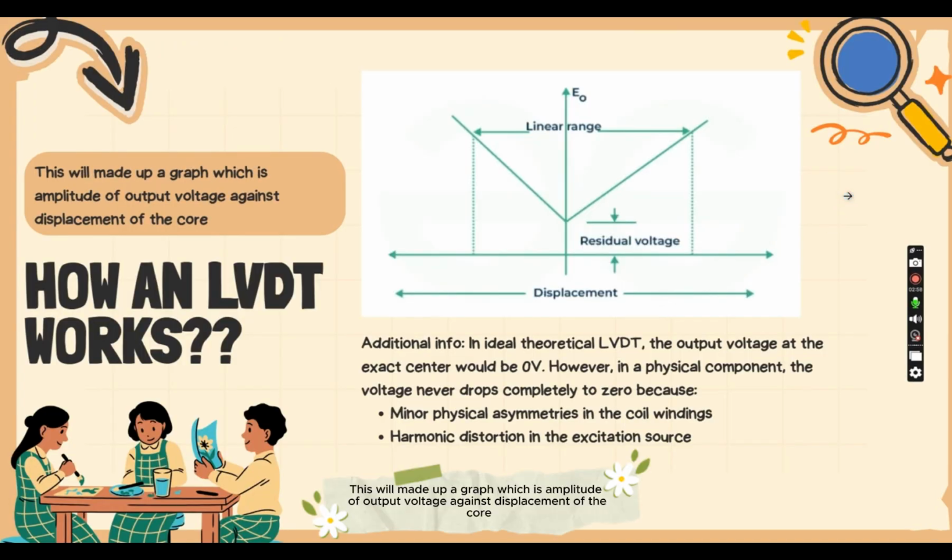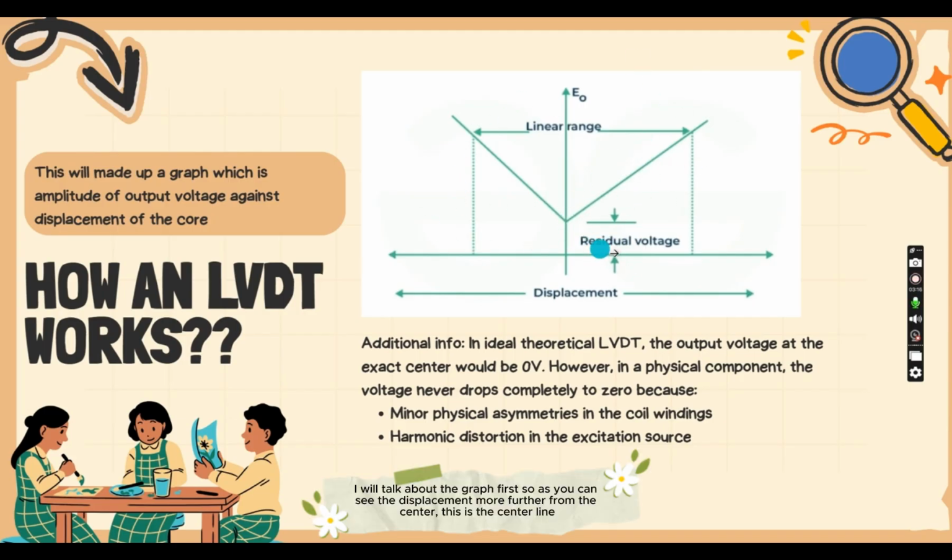Okay, so this will make up a graph which is the amplitude of output voltage against displacement of the core. So this is the graph here, right? I will talk about the graph first.